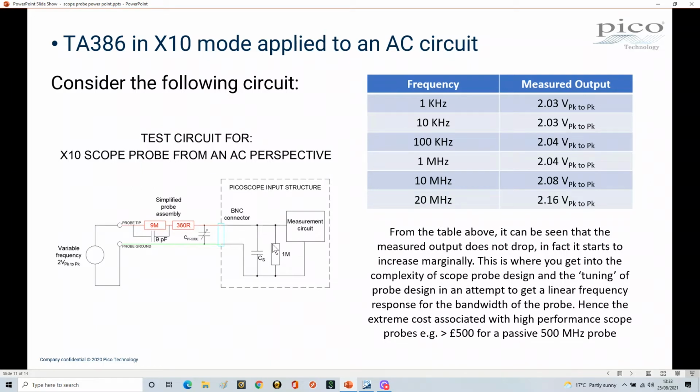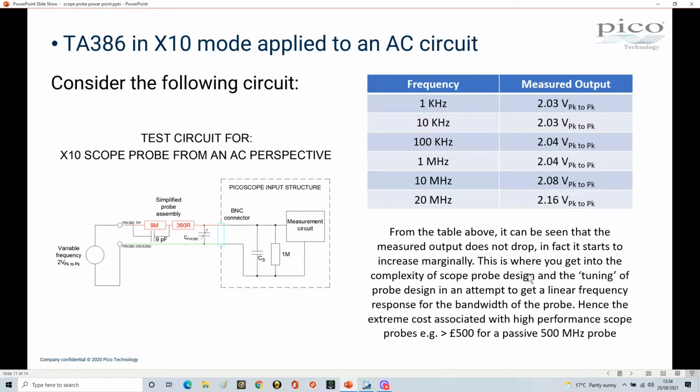And this is where you get into transmission line theory. And this is way beyond what we're trying to do here. But this is where the price of probes makes a massive difference, because what the manufacturer is attempting to do is make this as linear as possible. And so what you see here at this point is actually what you're measuring, and it's not influencing the circuit in any dramatic way.